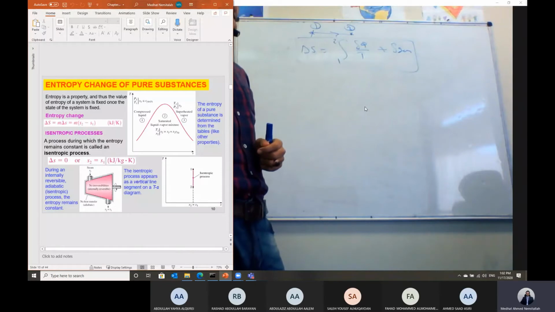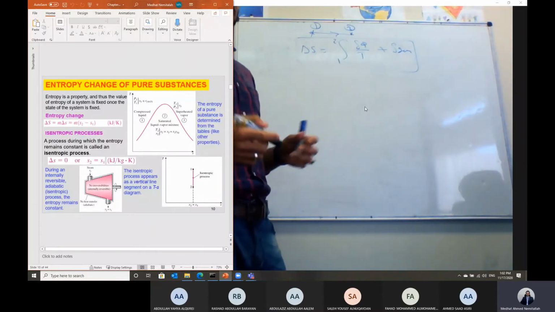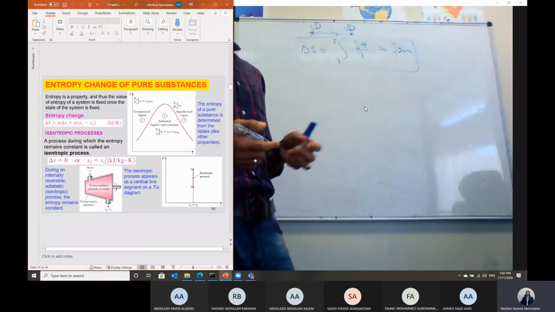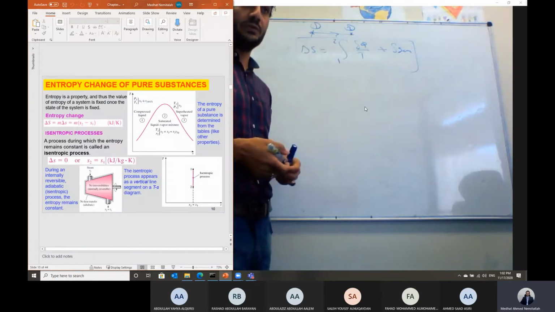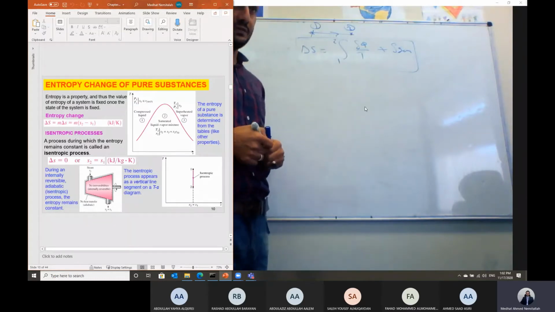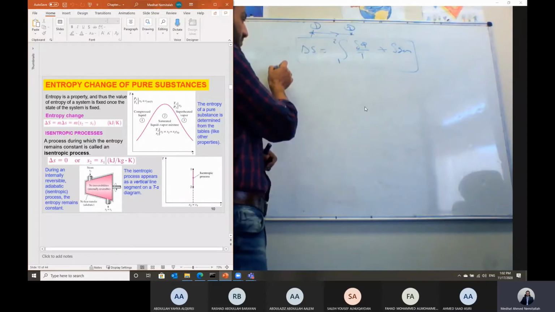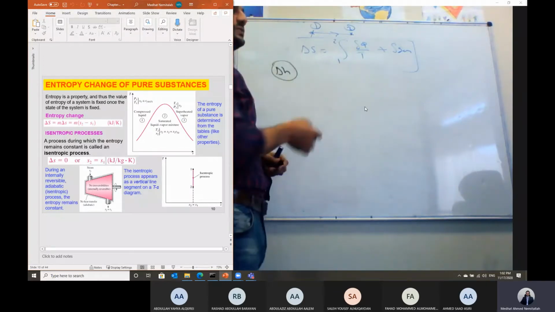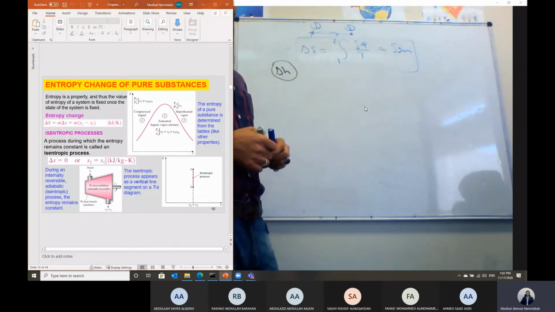Let's learn today how we can calculate the change of entropy for some substance, starting first of all with the most common case when we have a pure substance, like steam or refrigerant, how to calculate delta S. We have learned in chapter 4, if you remember, how to calculate delta H, considering different fluids, steam or refrigerant, using the table.